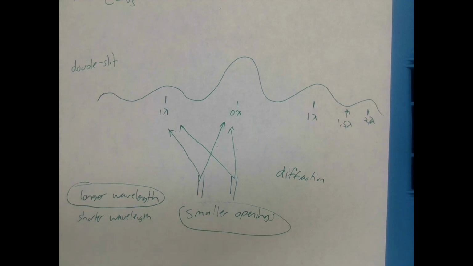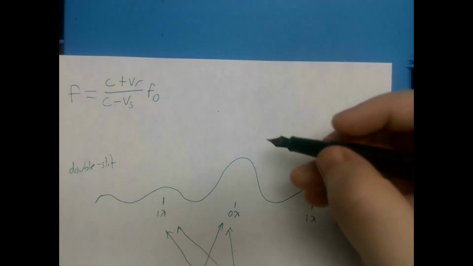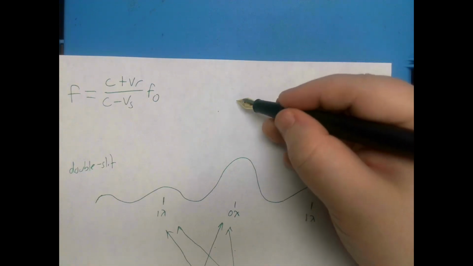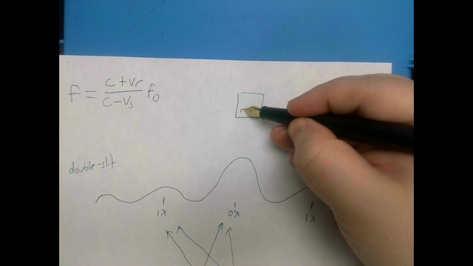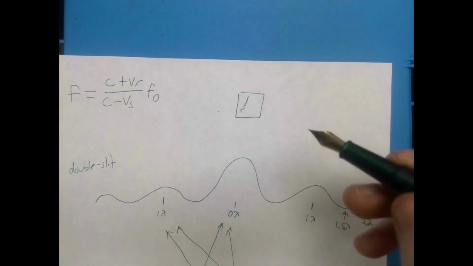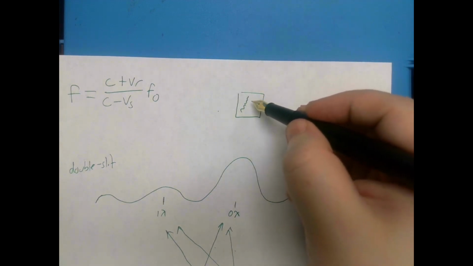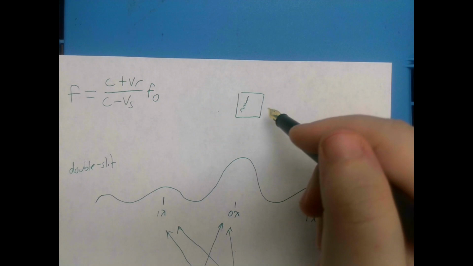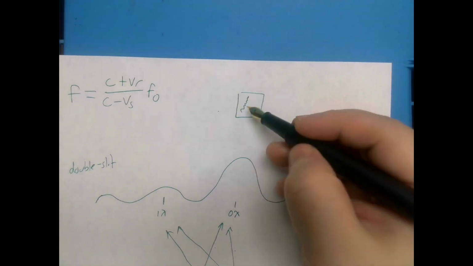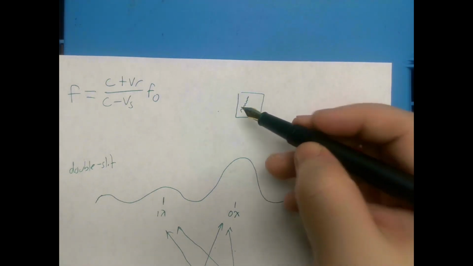So, if I have a slit and I have a tiny wavelength, the slit would act like a giant big opening. So you wouldn't see a diffraction pattern through the slit if the wavelength is super tiny.